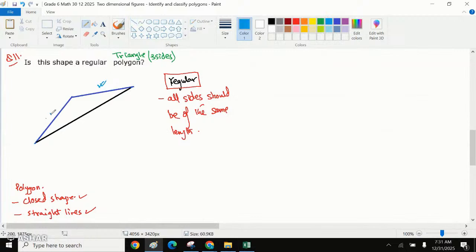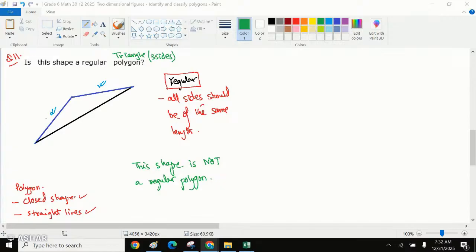This and this are the same, but the third side is different. That means not all sides are the same. So the answer should be, this shape is not a regular polygon, because not all sides have the same length. If all the sides have the same length, then it would be regular. But if even one side has a different length, then we say it is not regular.